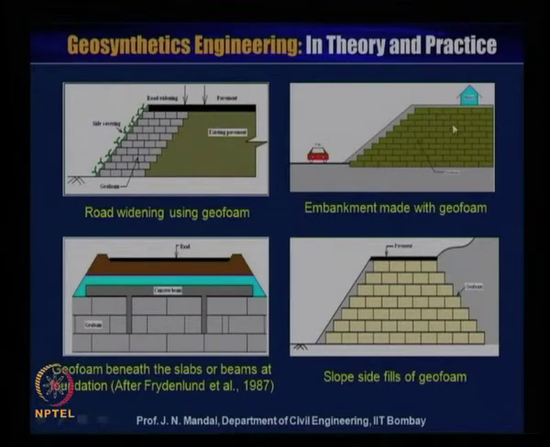Or if you want to make this embankment with the geofoam material, even then you provide the slope, not vertical, and you can see that vehicles can pass through this area safely, and you can construct a house on the top of this road.